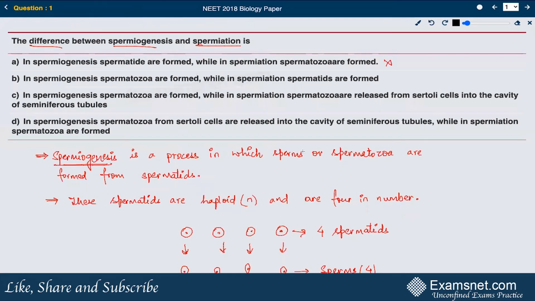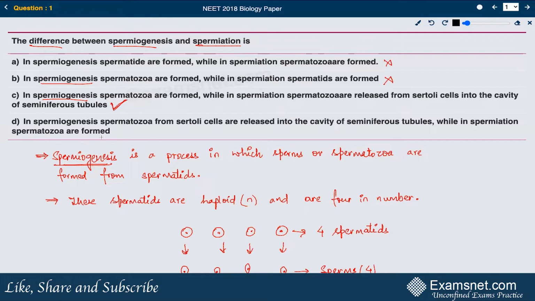Next, in spermiogenesis, the spermatozoa are formed, while in spermiation, the spermatids are formed. Again, this is also wrong. Then in spermiogenesis, spermatozoa are formed, while in spermiation, the spermatozoa are released from the Sertoli cells into the cavity of the seminiferous tubules. Now, this is a correct statement.